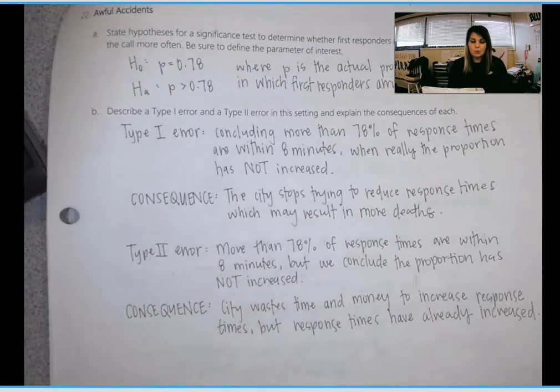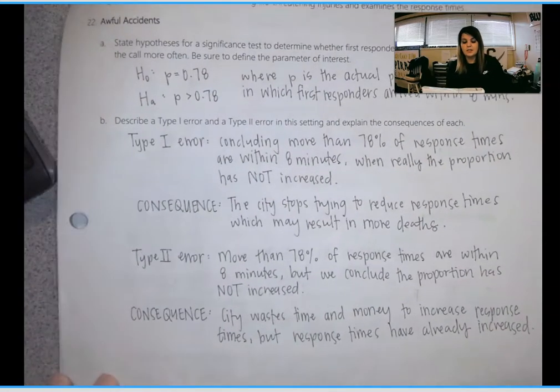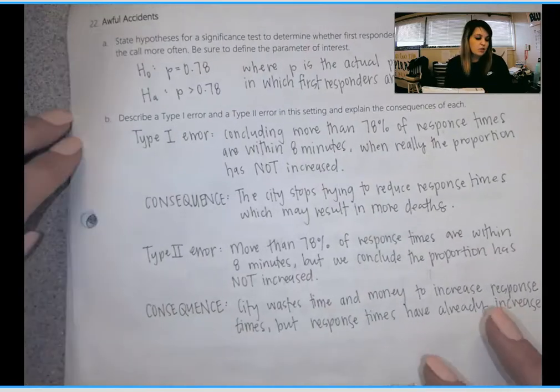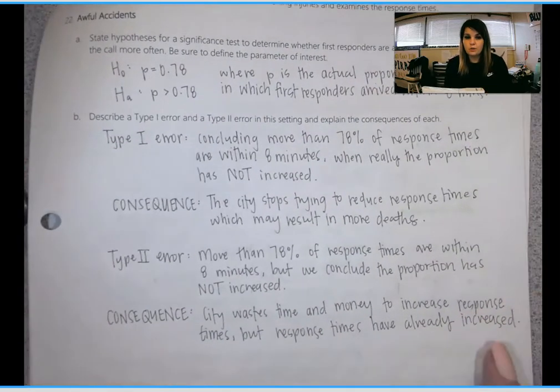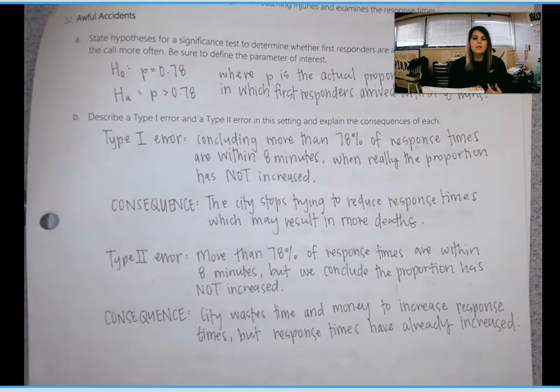So what is a type 1 error and consequence in this setting, and what's a type 2 error and consequence in this setting? So this is very similar to the fire department problem that we used as an example. Type 1 error would be that we conclude more than 78% of response times are within 8 minutes when really it has not increased.